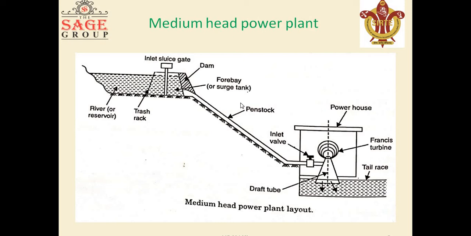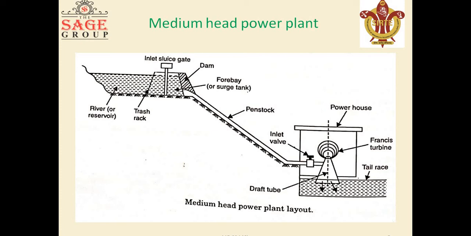Now we will discuss this medium head power plant. When the operating head of water lies between 30 to 100 meters, and this data can also overlap, the power plant is known as a medium head power plant. This type of plant commonly uses, as we know, the Francis turbine. The forebay provided at the beginning of the penstock serves as a water reservoir.